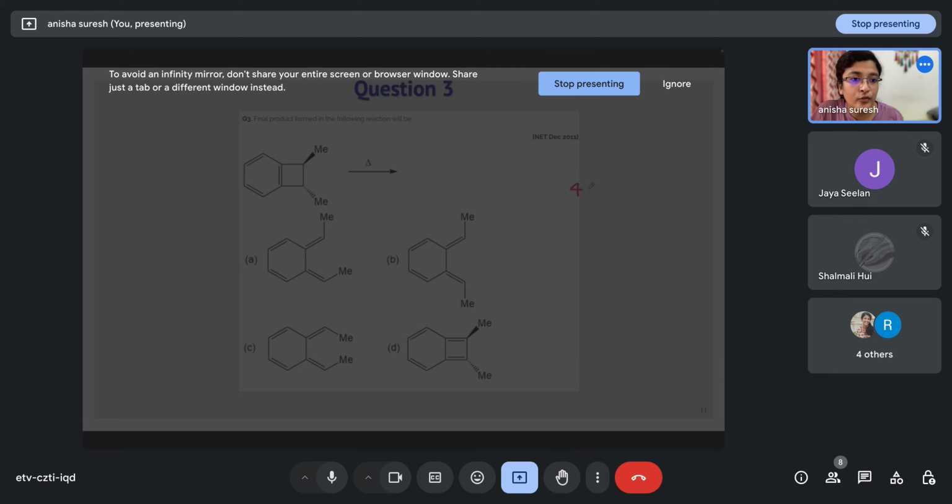It is a 4 electron system, or 4n system. For delta, that is a thermal process, it should follow conrotation according to Woodward-Hoffmann rules. So what will be the products that will be formed in this case?